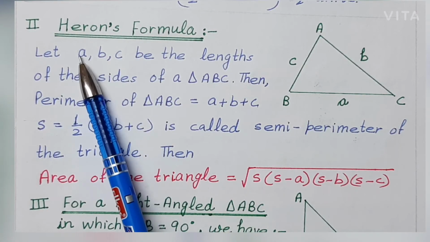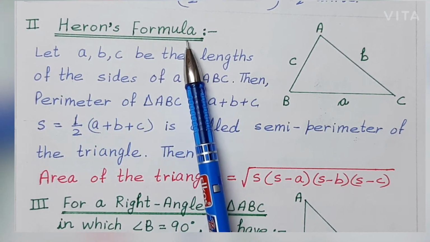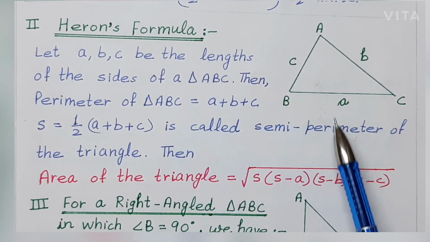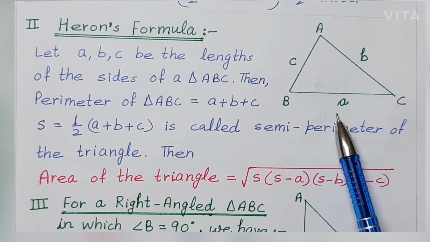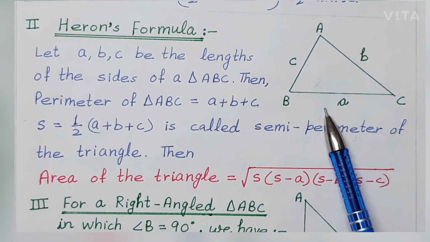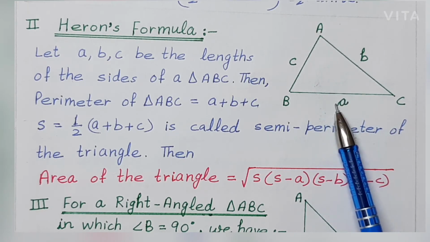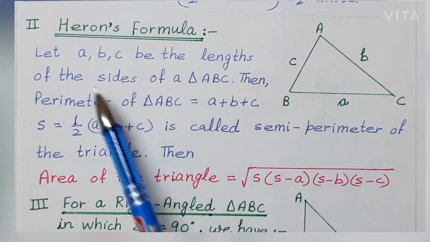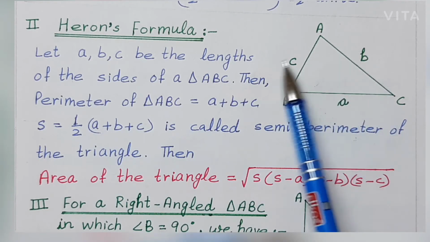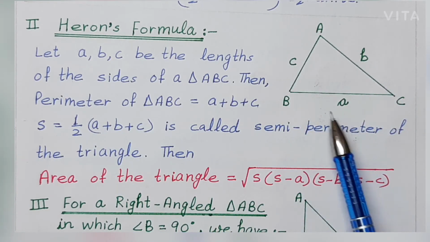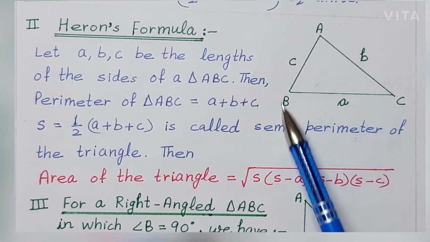Now the next formula is Heron's formula. Students, we apply this formula when we know all the three sides of a triangle but the perpendicular, or the height, is not given. Clear? So here let a, b, c be the lengths of the sides of triangle ABC.